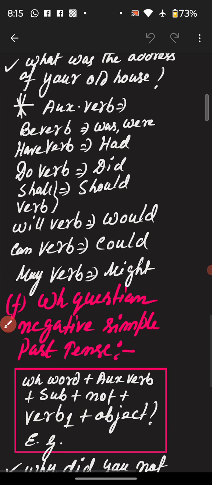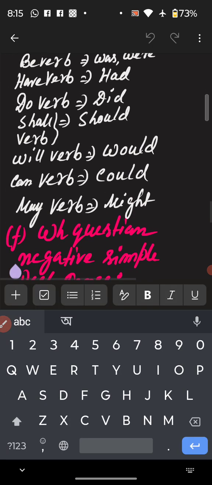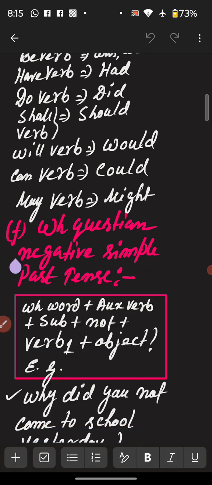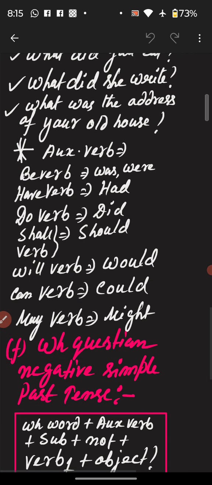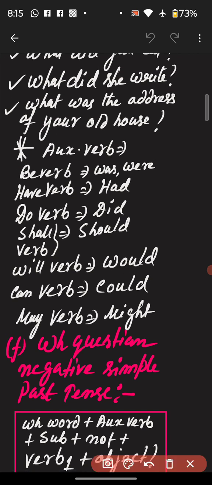Now for your easy reference, I have given certain examples of auxiliary verbs. Be verb: the past form of the be verb is was, were. Have verb, the past form of the have verb is had.